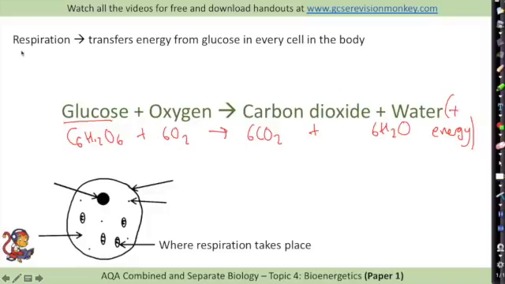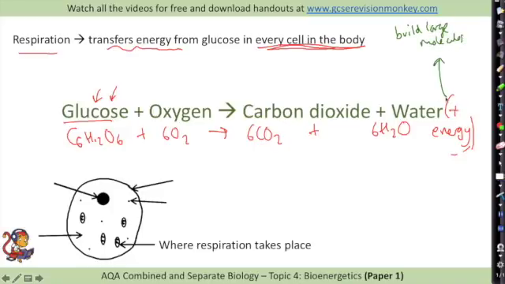So what's happening in respiration is that it's the process that transfers energy from glucose, and it happens in every cell in the body. The whole point of this is we break down the glucose that we consume in our food, and we want to release the energy, because the energy can be used for a number of things. It can be used to build large molecules.